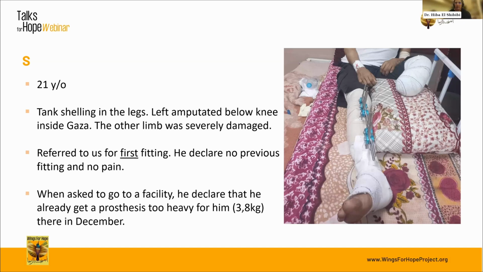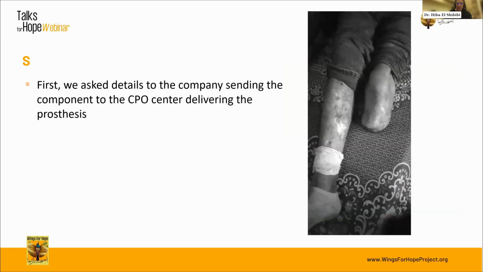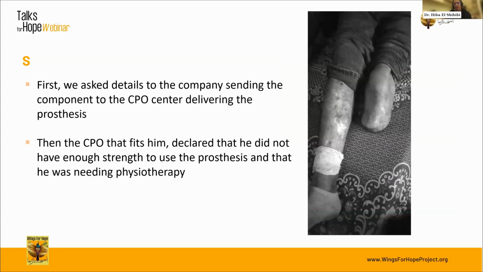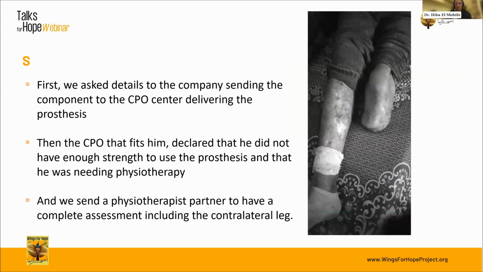So we asked the company that was sending the components what type of components were possible. Then the CPO that fit him told her that he was too weak to have a prosthesis and that he needed physiotherapy, and he said so to the patient. And in the end, we sent a physiotherapist to have a complete assessment, including for the contralateral leg.